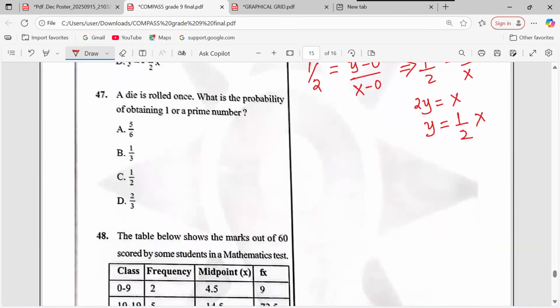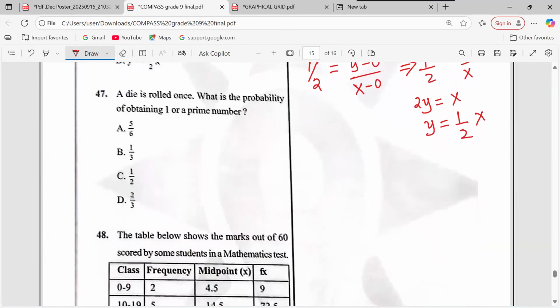Look at 47. A die is rolled once. What is the probability of obtaining 1 or a prime number? So, rolling it once, we should understand that this die is not biased. If it's not biased, then it means that we have equal chances of getting a face labeled either 1, 2, 3, 4, 5, or 6.